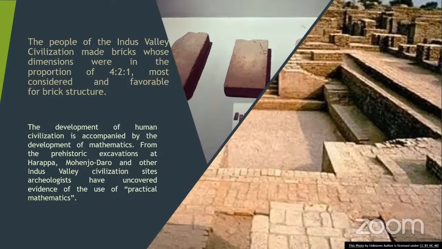From prehistoric excavations at Harappa, Mohenjo-daro, and other Indus Valley sites, archaeologists have found evidence of practical mathematics. The people of the Indus Valley civilization made bricks whose dimensions were in the proportion of 4:2:1, the most favorable for brick construction.